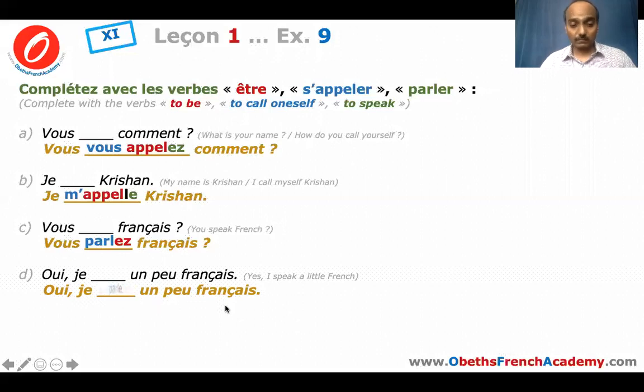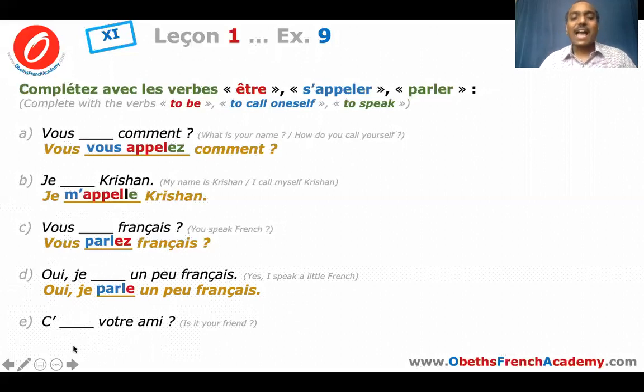The fifth one, s'apostrophe dash votre ami. So here we need to know, you're asking a question, is it your friend, or is that your friend? So it is that, is it. We're using the verb is.